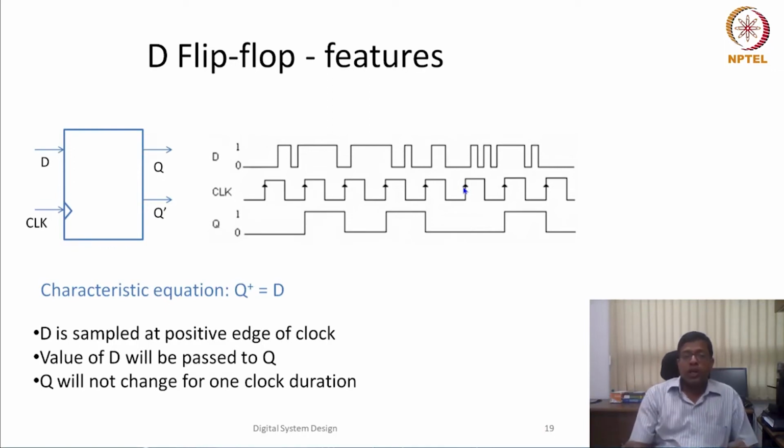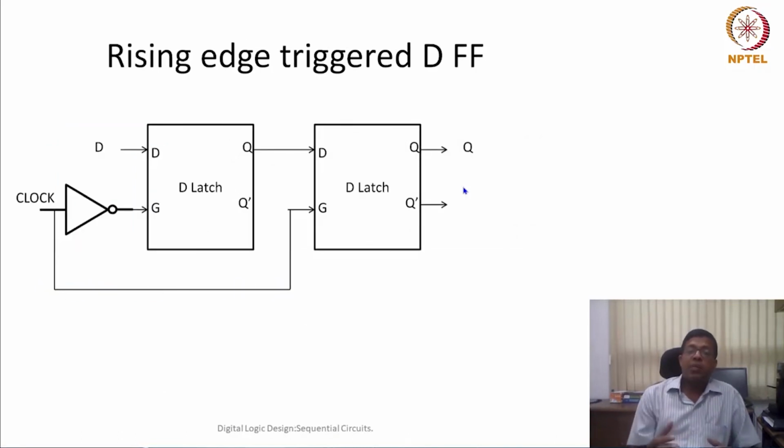Okay, so now how can we implement this kind of D flip flop using our basic gates? The design can be done using two D latches. One is gated with an inverted clock signal, the other is gated with the clock signal, and then we can design this rising edge triggered flip flop.